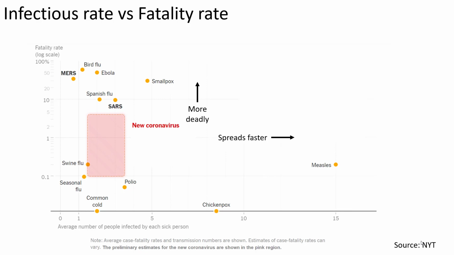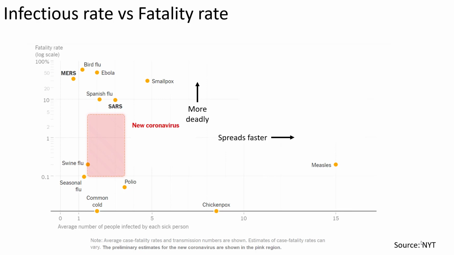Among these diseases, measles is the most contagious disease, and bird flu is the most deadly one. Thankfully, there isn't a disease that is terribly infectious and fatal. From this scatterplot, it appears that infectious rate isn't closely associated with fatality rate.